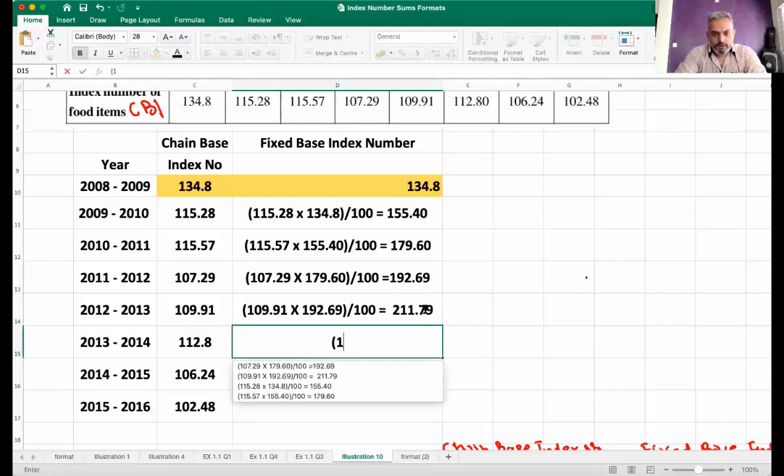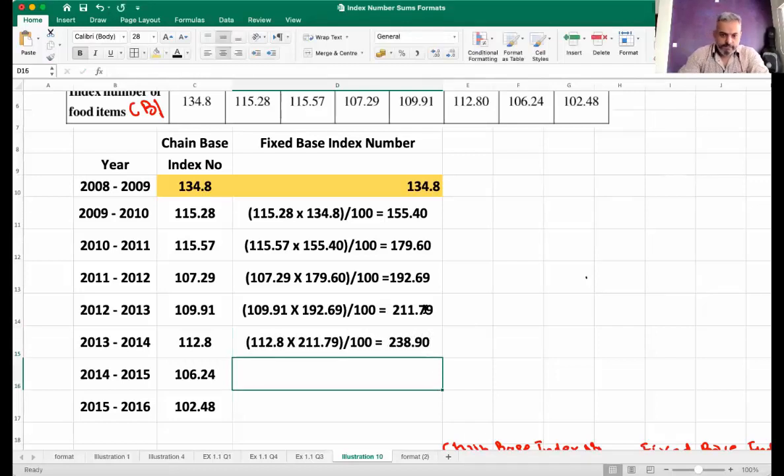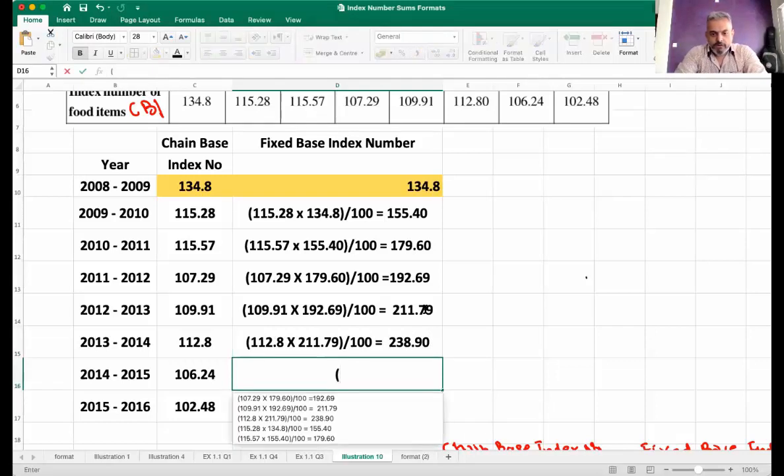Then CBI of current year 112.8 into FBI of previous year 211.79 divided by 100, which is equal to 238.8990. So 238.90.